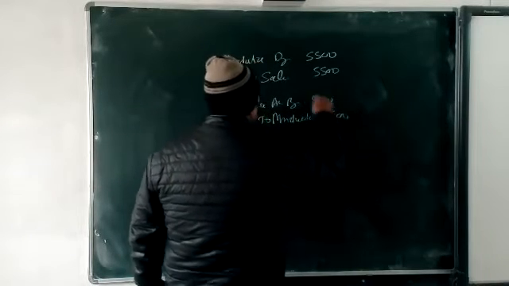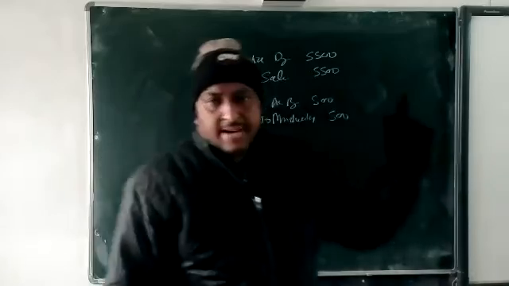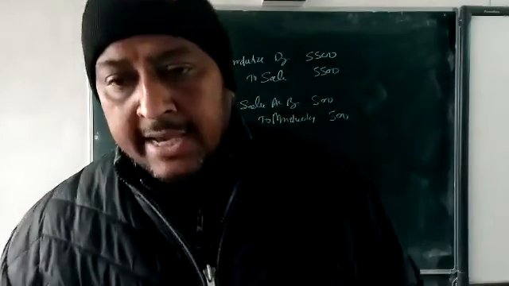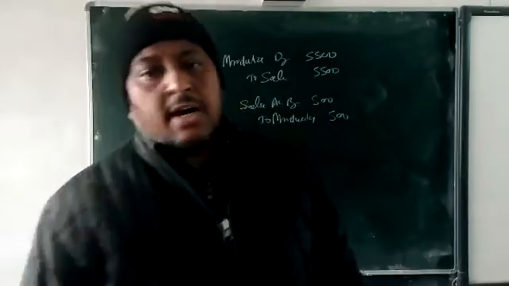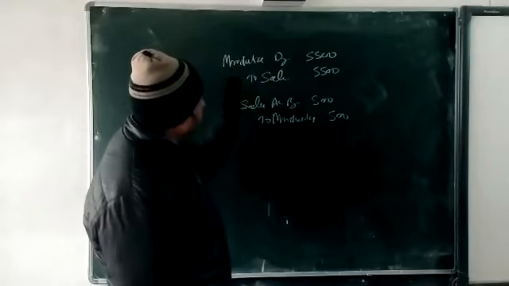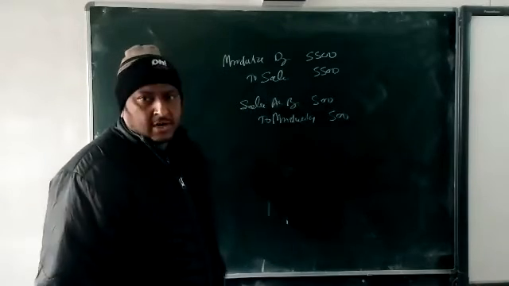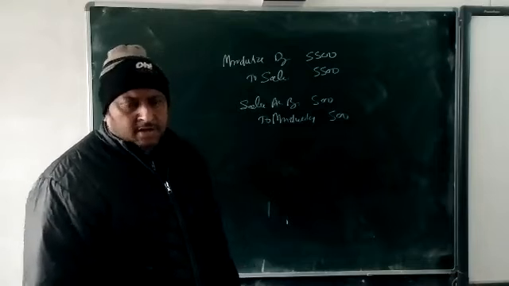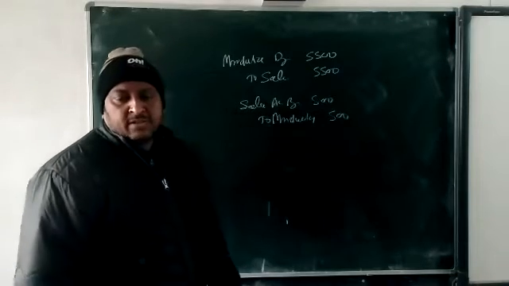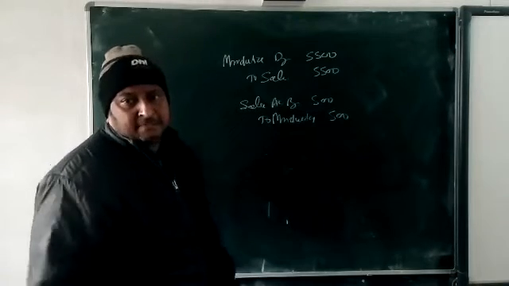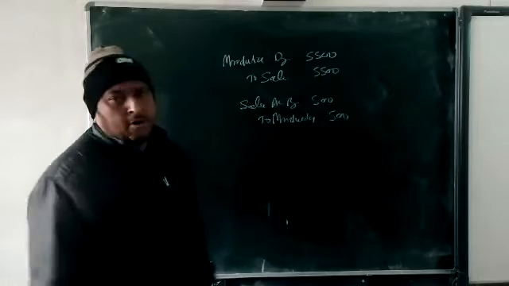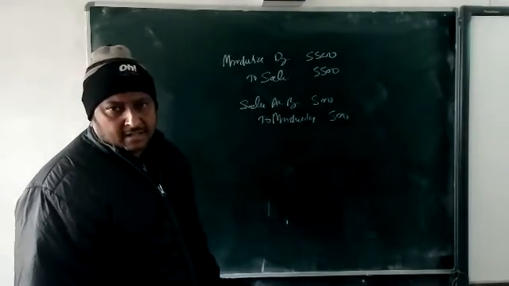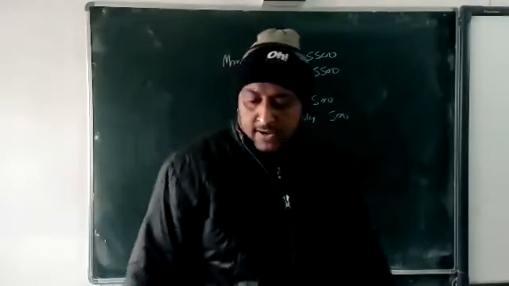Then 500 is cut from the 5,500 and the error is rectified. When we transfer these entries to the sales account or Mridula account, 5,500 is more, then the second entry on the opposite side, 500, rectifies the total amount. Okay, beta, clear? Go for the next.